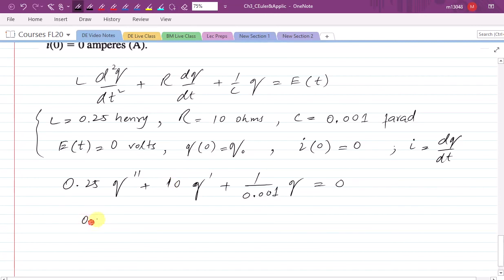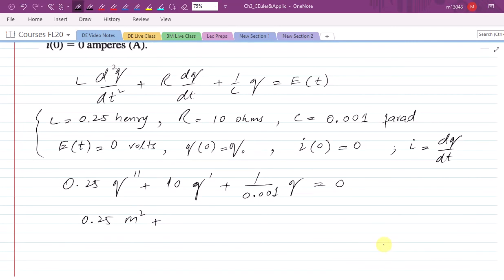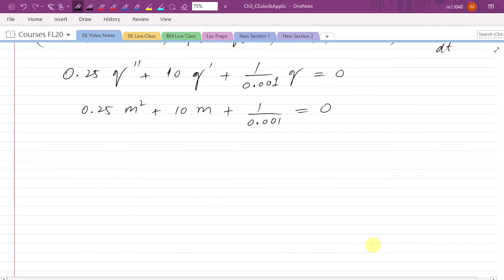All these coefficients are constant, so we can write the auxiliary equation directly and find the solution. You can use your calculator to find the roots of this equation. Roots are minus 20 plus minus 60 iota, complex pair.